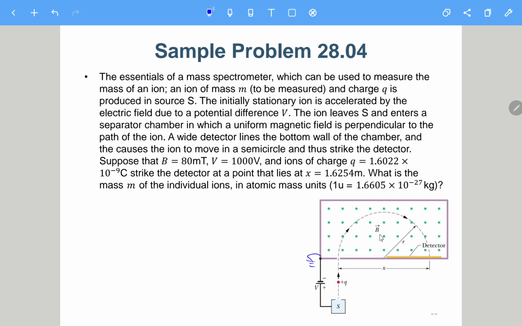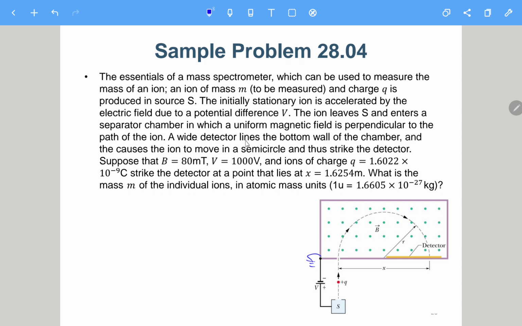In this region, we have some B field pointing out of the page. Okay, so there will be Lorentz force acting on the charged particle entering this region. It says that the initially stationary ion is accelerated by the E field due to the potential difference V. The ion leaves S and then enters a separate chamber in which a uniform magnetic field is perpendicular to the path of the ion. Just as what I mentioned.